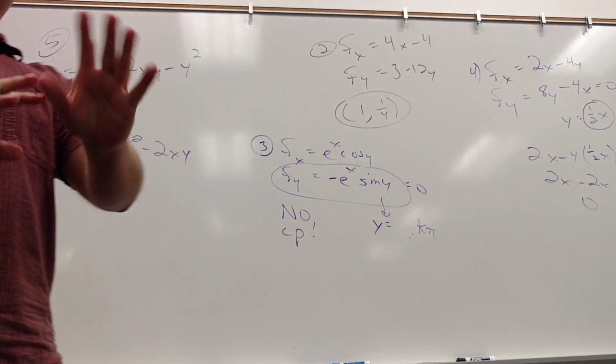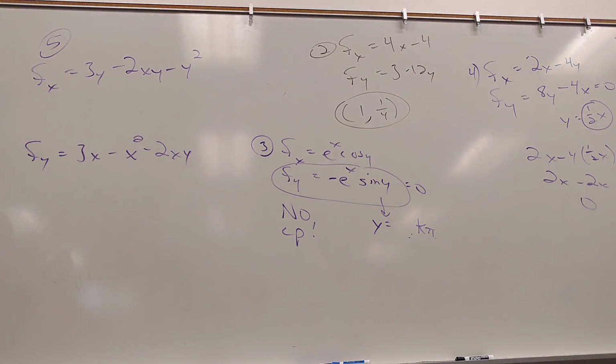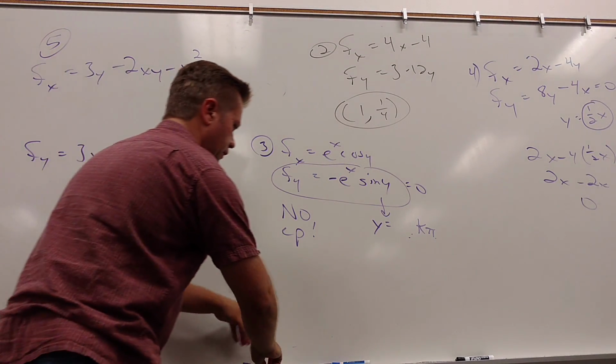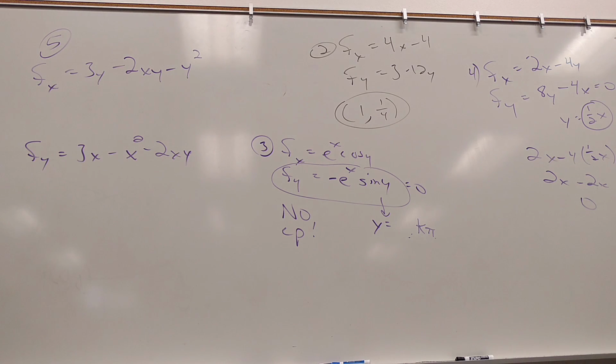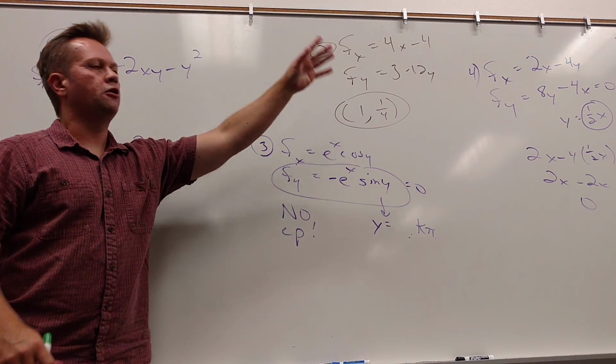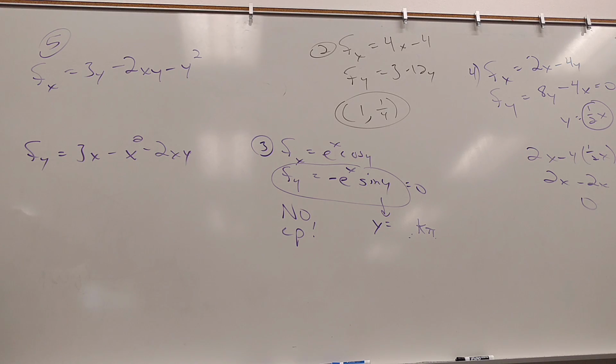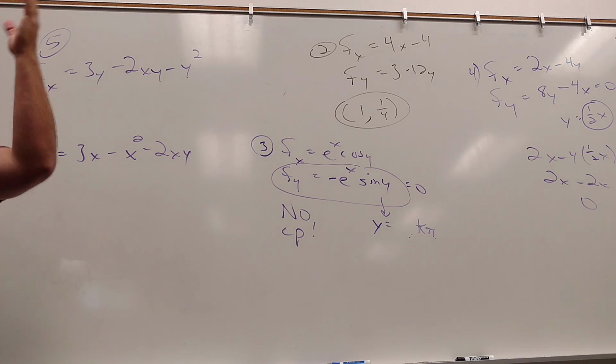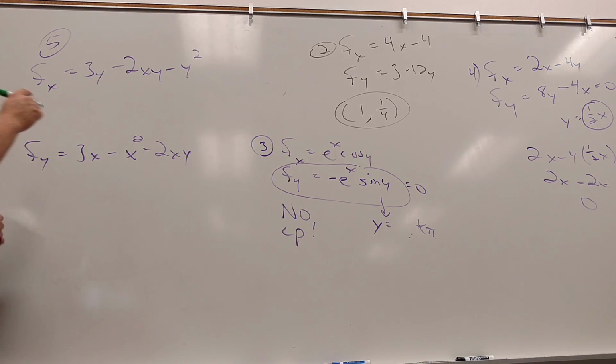Now there's a multitude of ways of doing stuff with this, but I think the easiest way, and a way that some of you guys caught on to, you do the exact same thing. I want to make this clear. The math doesn't care if you get numbers for x and y, or if you get expressions for x and y. It just says plug it into the other guy, see what happens. That's what the process says.